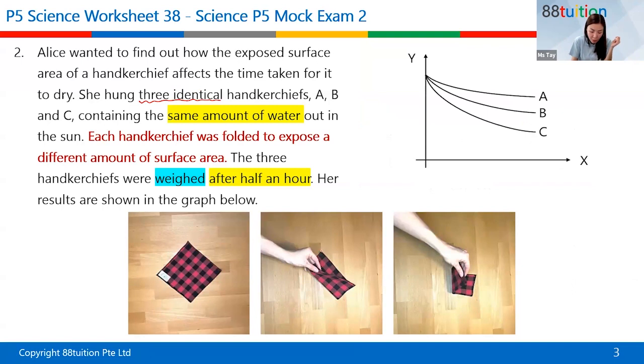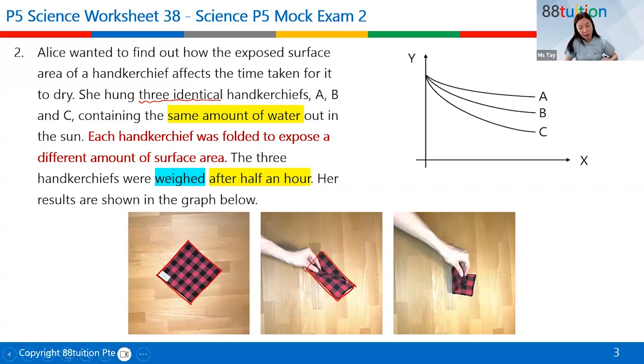Now you see the exposed surface area is reduced by half. The original one has a huge exposed surface area, one whole piece of handkerchief, so it's halved in this handkerchief.